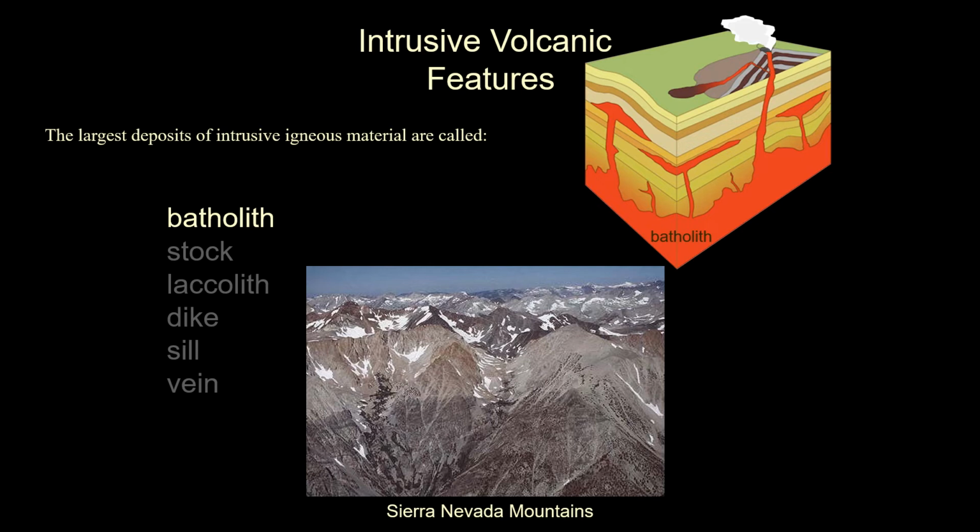Then you have a stock. Then you will have some vents, what we call dikes, and make sure that you know sills and veins, all this. There would be one or two questions from here, so make sure that you know intrusive volcanism.